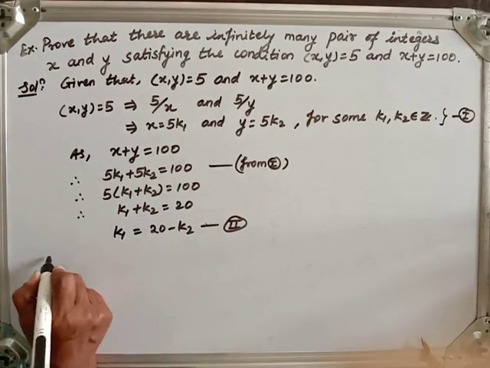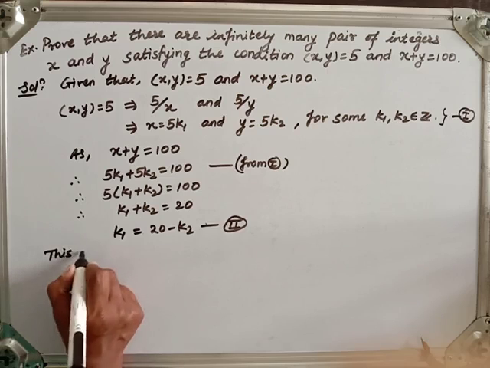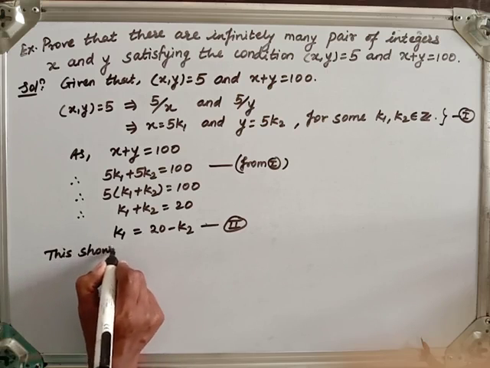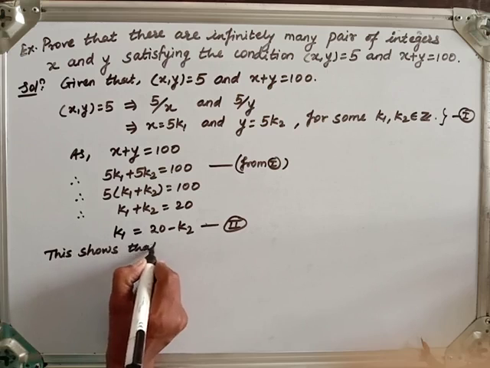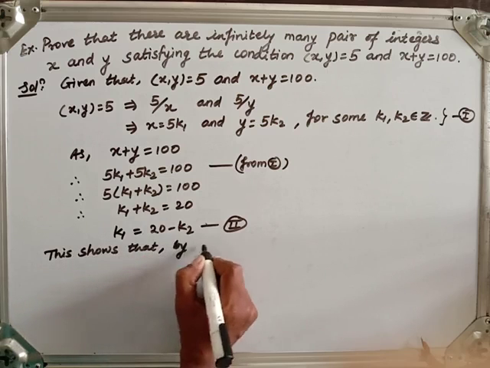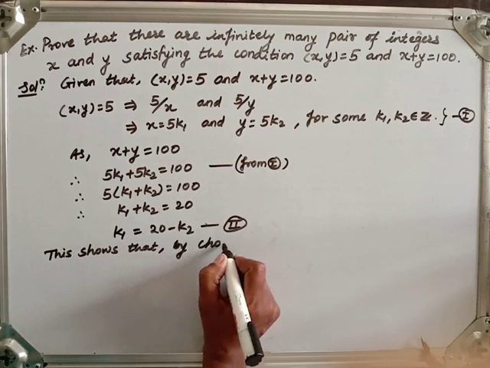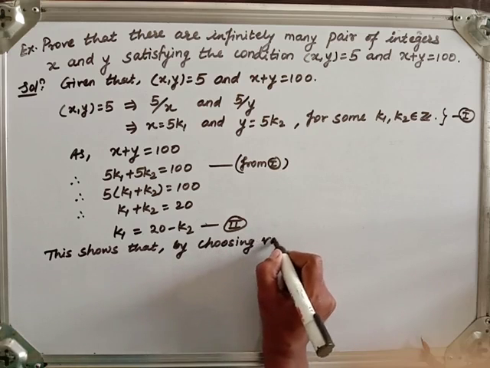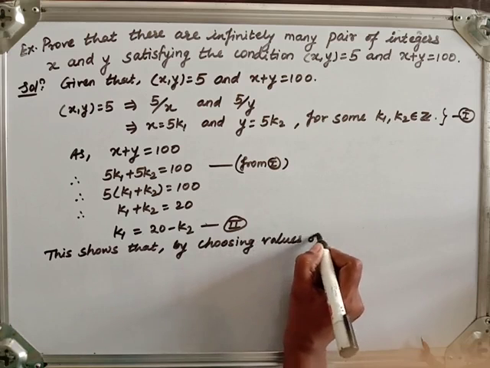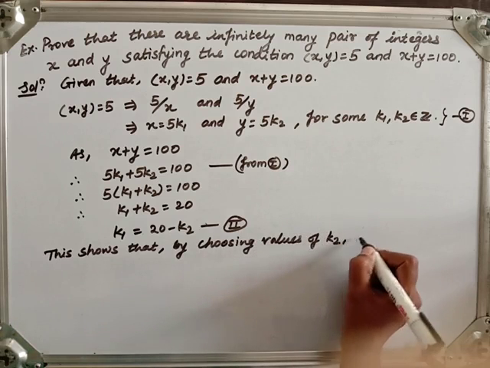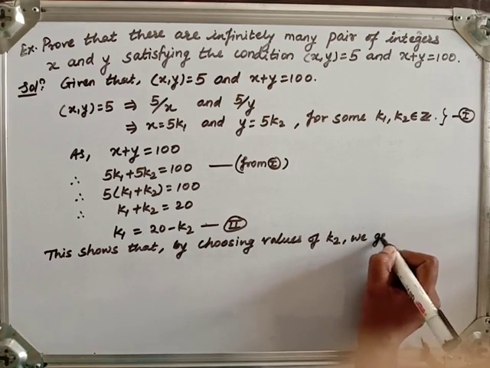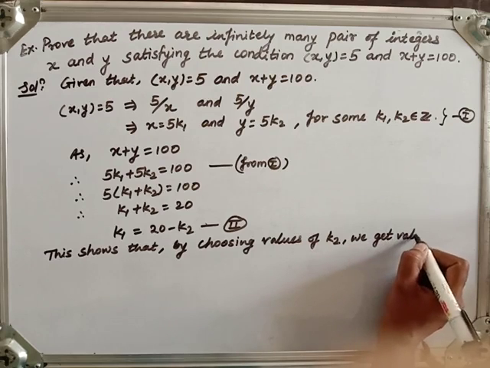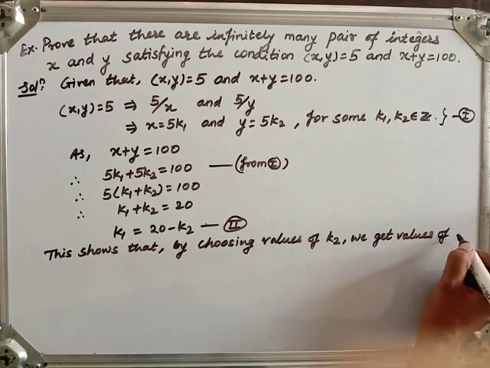Now here for various values of k2 we get k1. So we can say this shows that by choosing values of k2 we get values of k1.